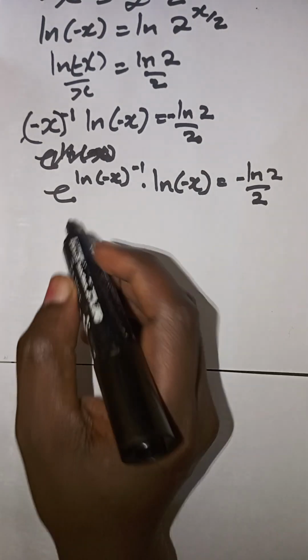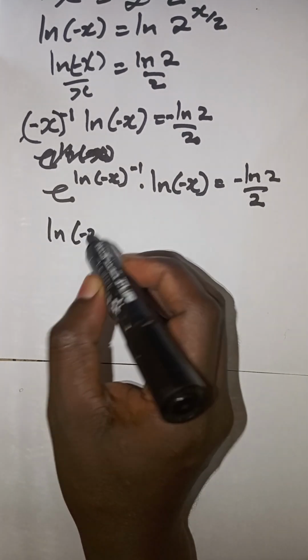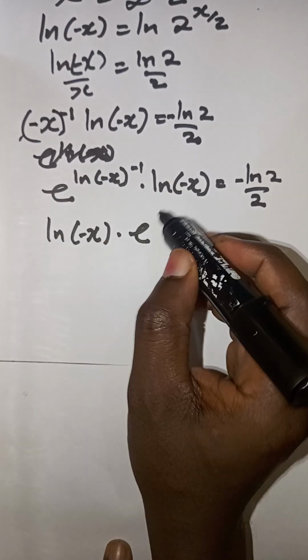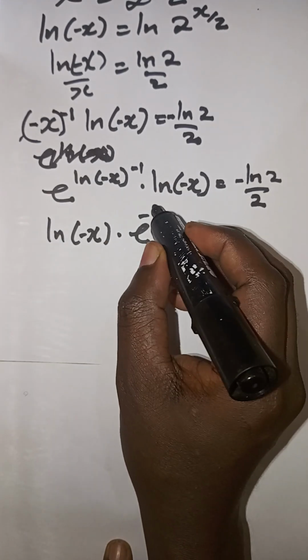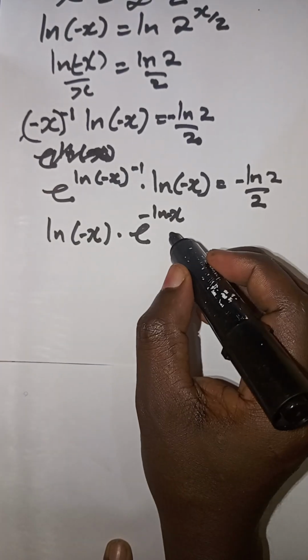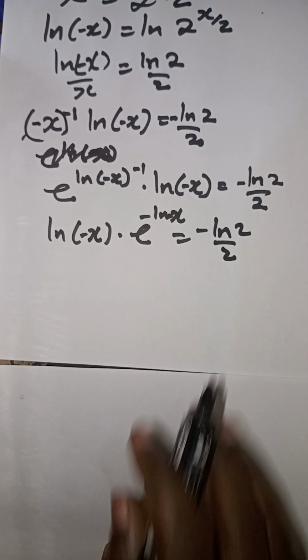So this can be written as ln of negative x multiplied by the exponential of negative ln of negative x is equal to negative ln of 2 over 2.